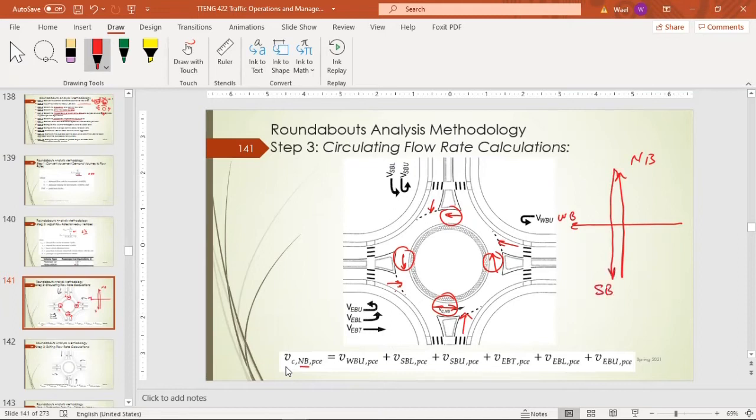This is southbound. And this is eastbound. That means the volume here is going to be southbound. So the conflicting with southbound, this is C southbound. Sorry. Yes, C southbound.